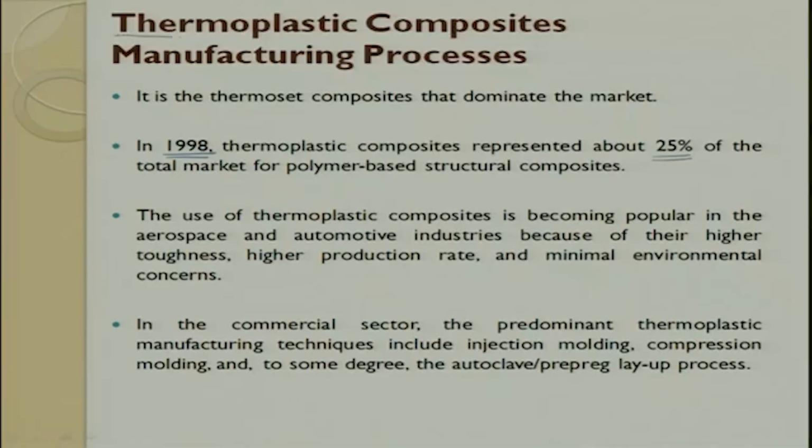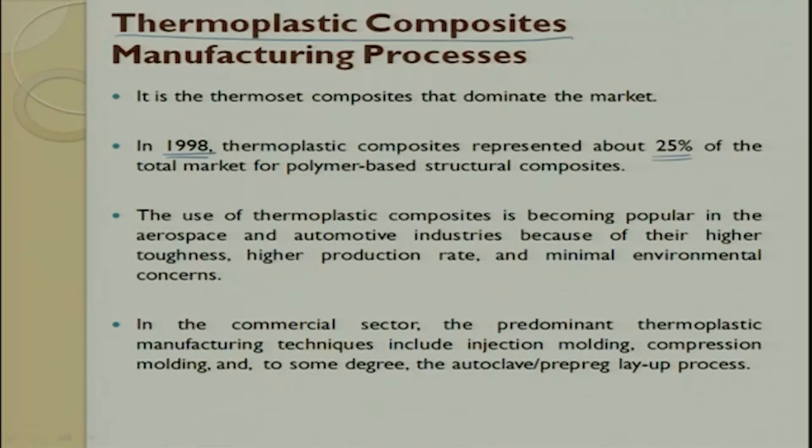Because thermosets were doing fine, we were happy with the usage of it, people were happy with the benefits which they got from thermoset composites. But after 2000, when the environmental norms became more and more stringent, now there is a huge requirement to move towards thermoplastic composites. All the automobile big giants, aerospace big giants are moving towards thermoplastic composites today.